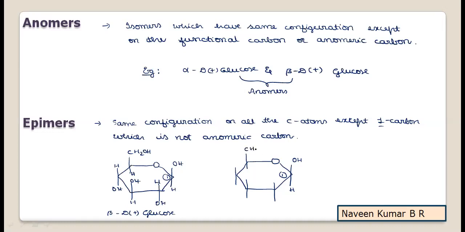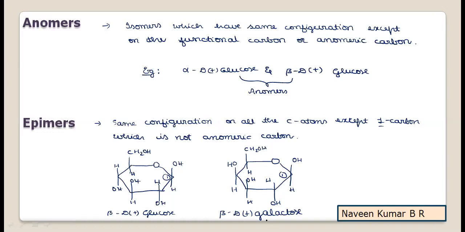I will write CH2OH, H. Here instead of H above, we'll write OH above and H below. The remaining configuration will be retained the same. The structure I have written is with beta configuration at the first carbon. It is again a D isomer, a dextrose sugar, but it is not glucose, it is galactose.